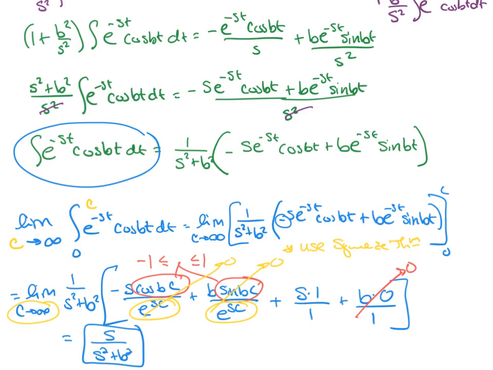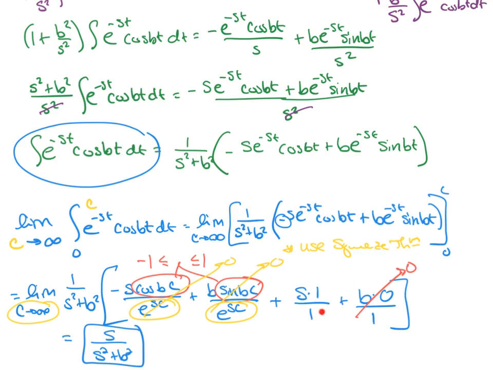Before I scroll back up and write the result, I want to take this opportunity to talk about what happens in the sine. So if you change the cosine bt to sine bt, then what happens is your cosines and your sines are mixed up here, meaning the sine is being multiplied by the s, and the cosine is being multiplied by the b.